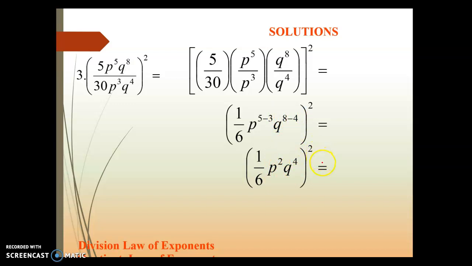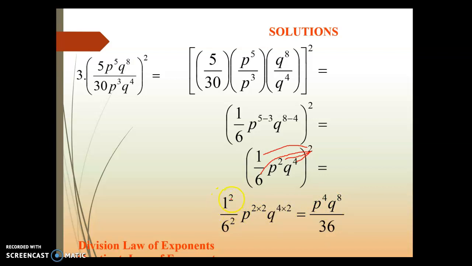Still copy this one. Next you apply the quotient law of exponent, remember? Every exponent here must be multiplied by 2. So what happens? 1 squared over 6 squared, p to the 2 times 2, q to the 4 times 2, which is equal to p to the 4. Sir, why did you write p to the 4 here?